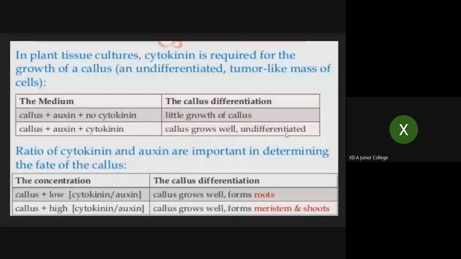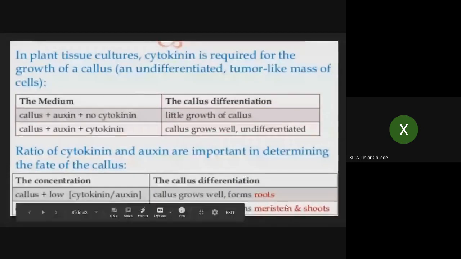So in that case, callus plus auxin shows little growth of the callus without cytokinin. But when callus plus auxin and cytokinins are added, the callus grows well, and it is still undifferentiated. But when it differentiates, forming roots and shoots, that is shown here.